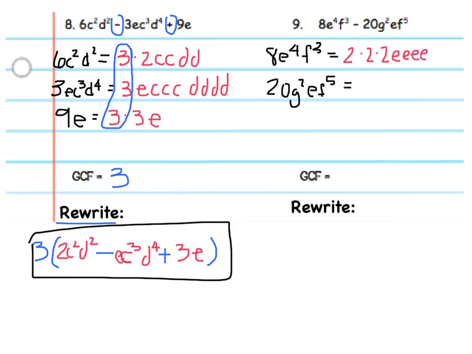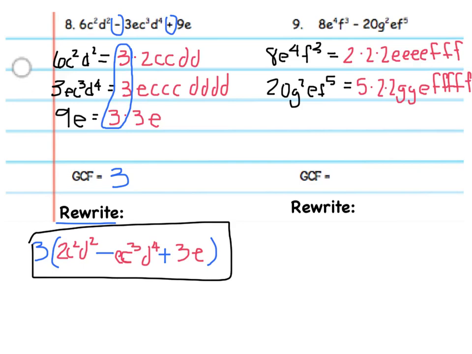I have 4 e's and then f to the 3rd, 3 f's. All right, what about 20? 20 can be 4 times 5, right? So 5 times 4, but 4, remember, is 2 times 2. I have g to the 2nd power, so that's 2 g's, and e, then 1, 2, 3, 4, 5 f's.